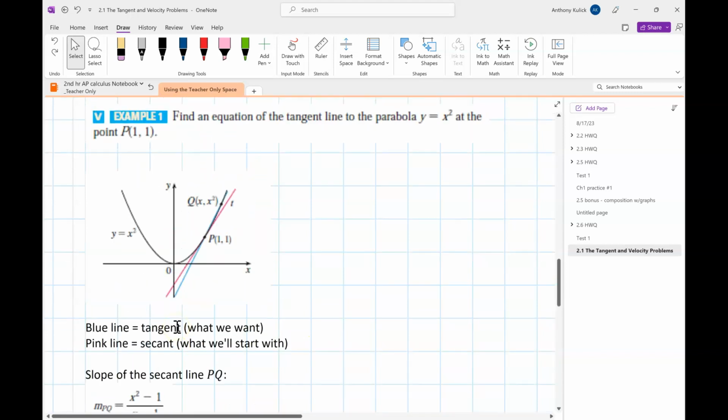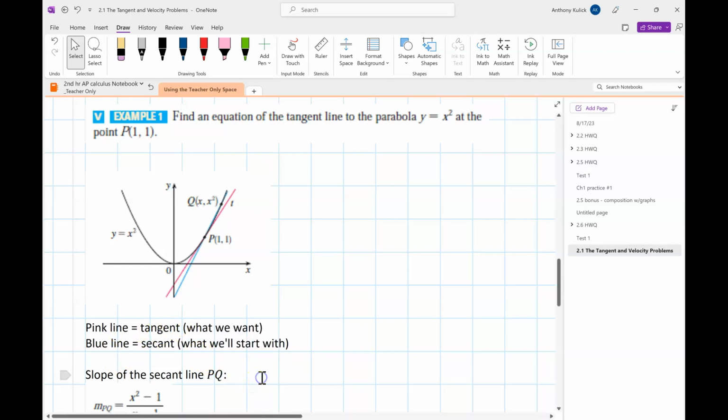So we're going to start with the slope of our secant line. This is wrong, I have this labeled wrong. The pink line is the tangent, and the blue is the secant. I was looking at that and thought, that can't be right. Edit. That's what we want.